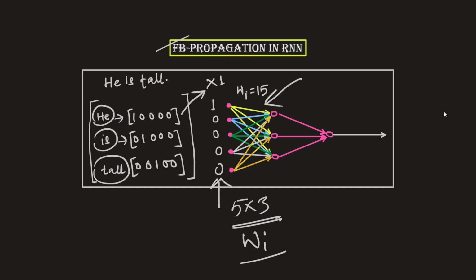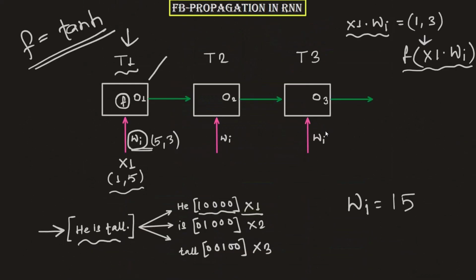So this vector is x1, dot these weights wi, and at this point the tanh function takes this dot product and sends an output O1 that you can see here. I'm assuming that you are clear on what exactly is happening on the t1 timestamp. If not, you can consider watching it again. If yes, then let's move ahead.